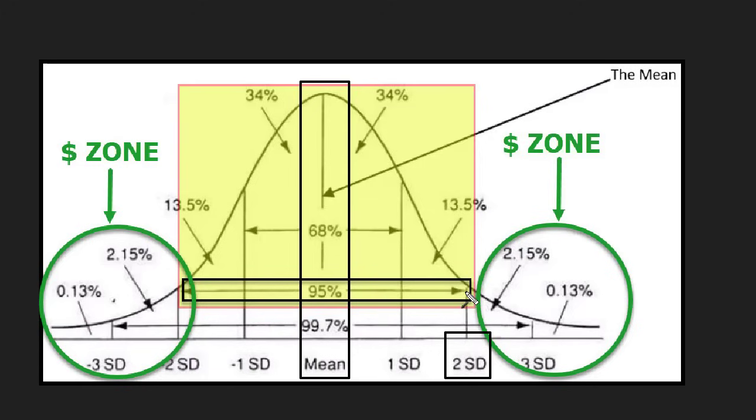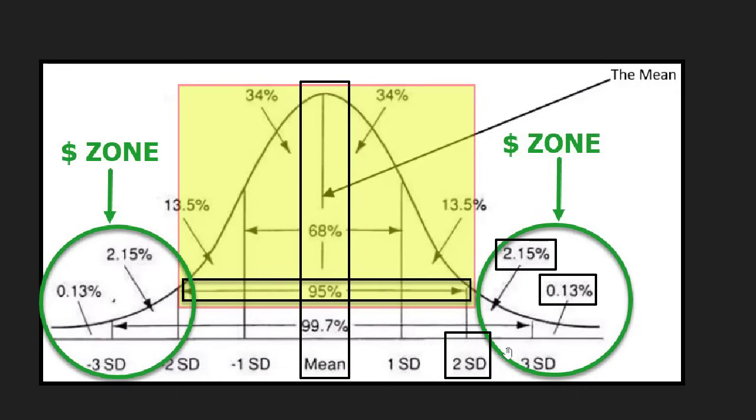So once we get beyond 2 standard deviations, well, what are the probabilities of it continuing to go in that direction? So only 2.15% from 2 to 3, and after 3 standard deviations, it's getting pretty close to 0 there. So if we add that up, let's just round it up and say 2.5.